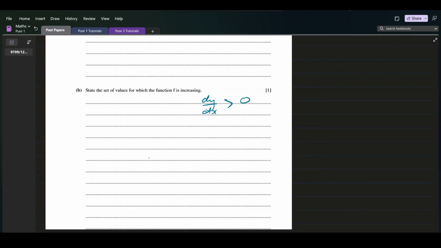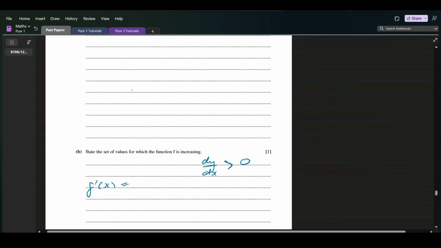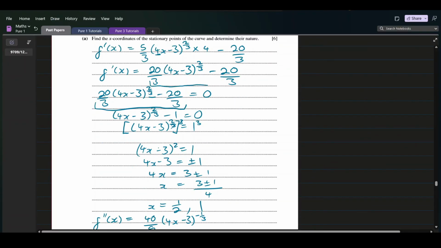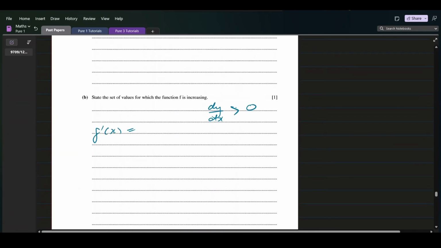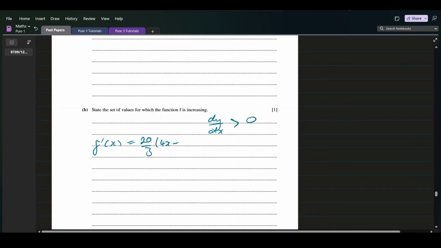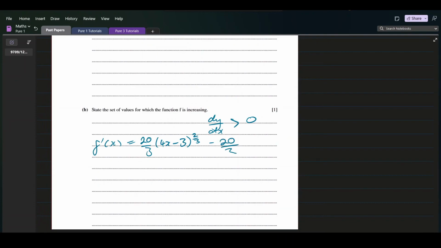So in this case, let's look for our gradient function, which should be f prime of x. So that's f prime of x is equal to 20 over 3 times (4x minus 3) to the power 2/3 minus 20 over 3.